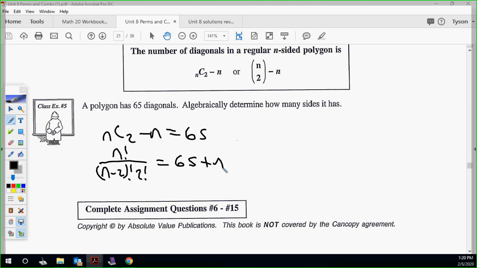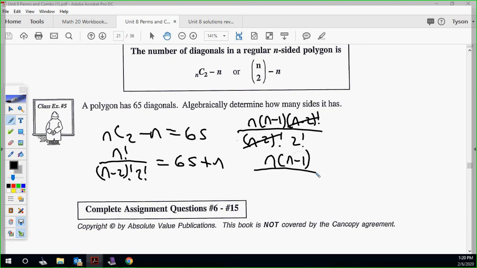So again, what do we want to do next? Walk down the n, yep. So we walk down the n, so I'm going to come up here. It's going to be n minus 1, n minus 2, n minus 2, and then the 2 factorial cancels. I'm just going to call 2 factorial 2 if that's okay with you. And I'm here.